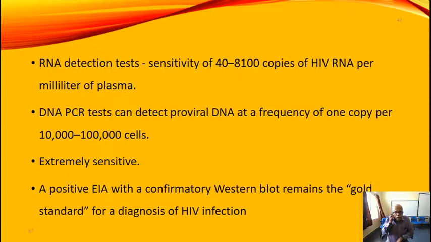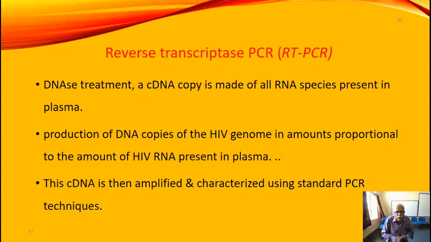If the patient is on highly active antiretroviral therapy, the virus will be reduced in the body to the tune of undetection. So that is the reason it is not used for diagnostic tests. These tests are very useful to monitor the response to treatment, or to identify the sensitivity.